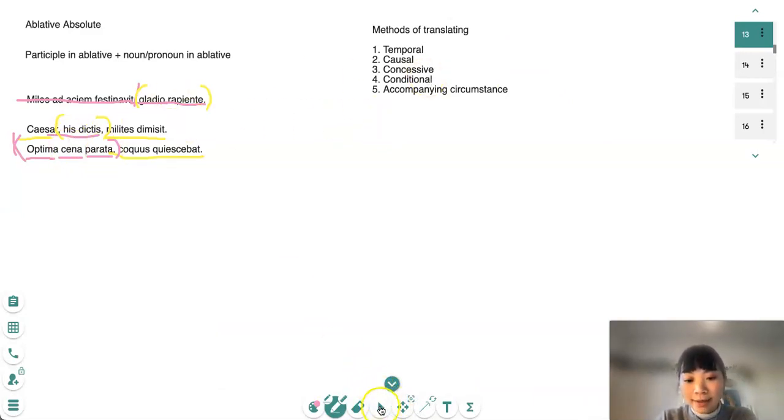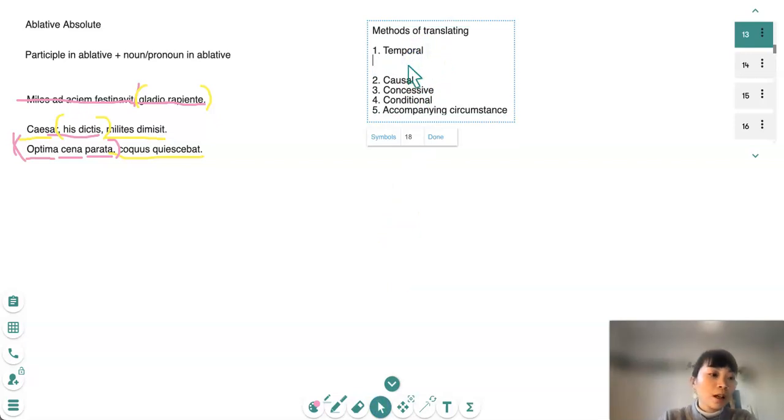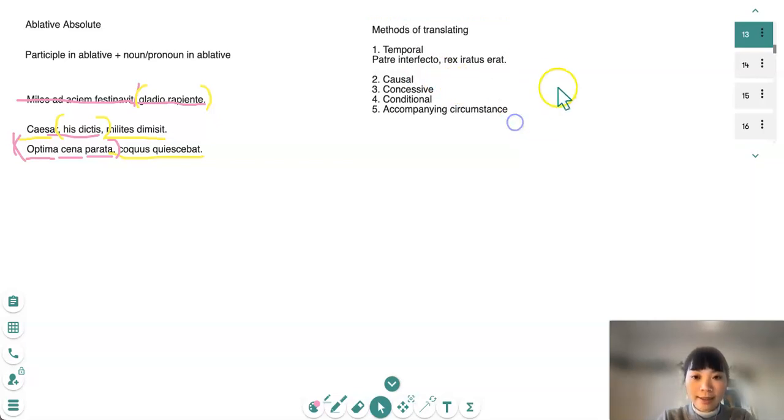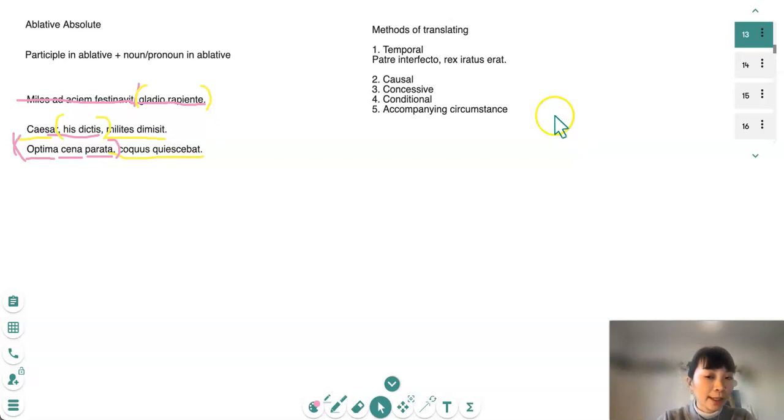There are also different ways that we can translate the ablative absolute, so there are 5 in total. The first one being temporal. For example, in the sentence, Patre interfecto rex iratus erat. When we translate this in a temporal way, a lot of this is context dependent, so it might change depending on the rest of the passage we might be reading.